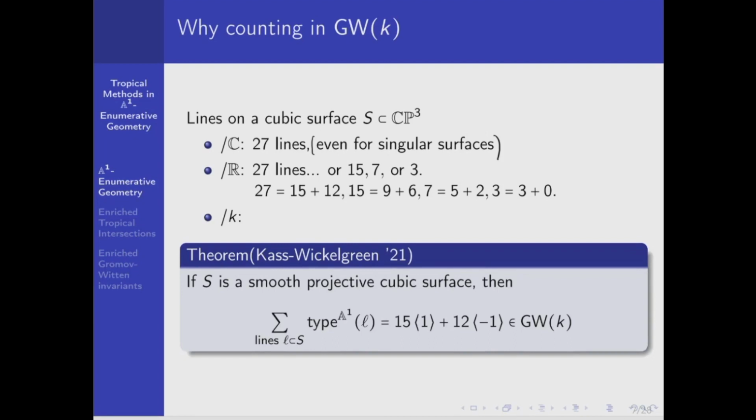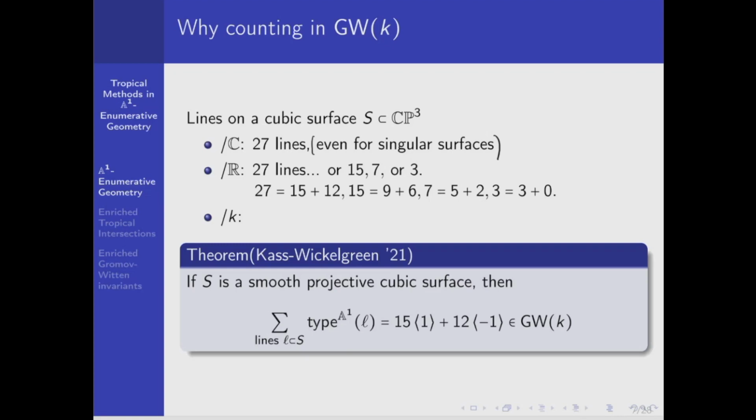There's a theorem from Kass, Levine, Solomon and Wickelgren that if we have now a smooth projective cubic surface, then the number of lines contained on it, the sum of the types, is going to be 15 times 1 plus 12 times minus 1. And this is an invariant that lives in the Grothendieck-Witt group of the field.